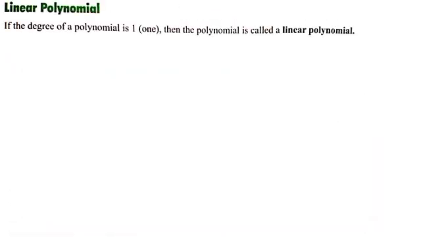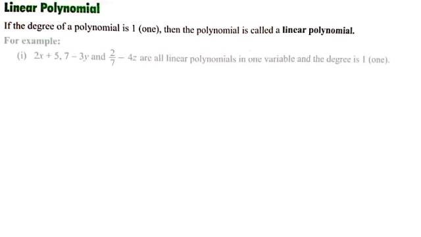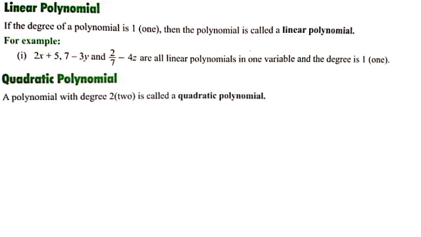Linear polynomial. If the degree of a polynomial is 1, the polynomial is called a linear polynomial. For example, 2x + 5, 7 - 3y and 2/7 - 4z are all linear polynomials in one variable, and the degree is 1. Quadratic polynomial. A polynomial with degree 2 is called a quadratic polynomial.